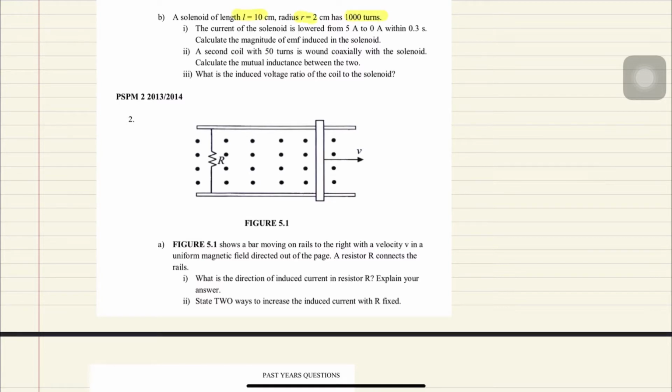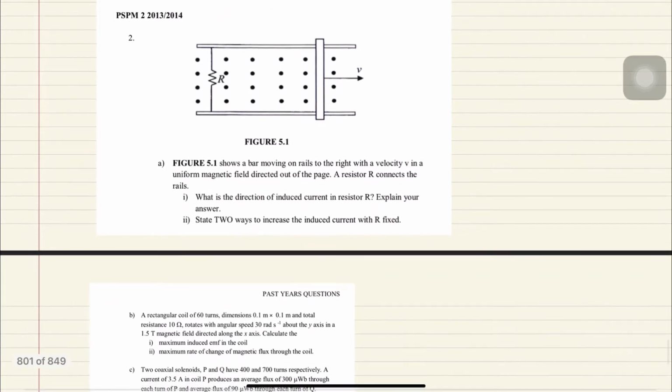So if you want to calculate self-inductance, you can use the dimension punya equation untuk solenoid. Okay, and then after that, they also give you the change in current. Itu di/dt.